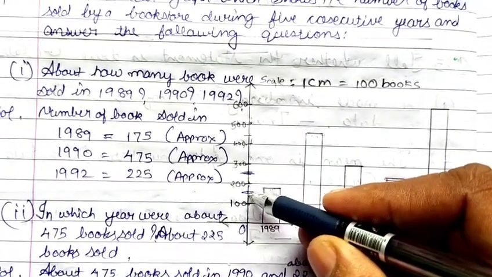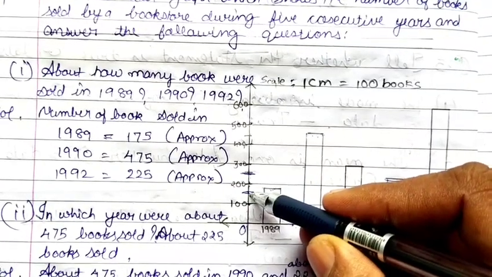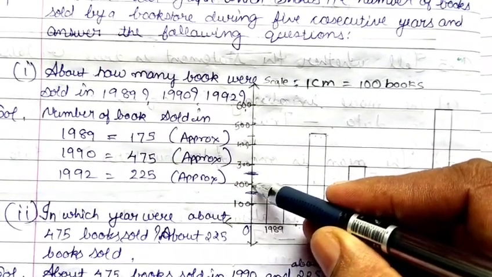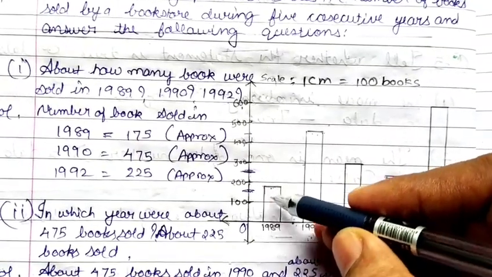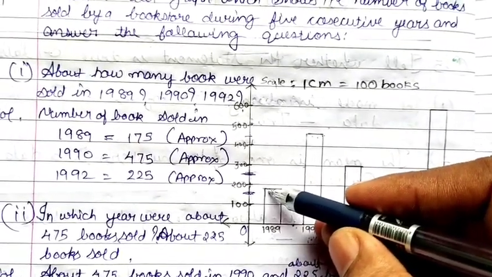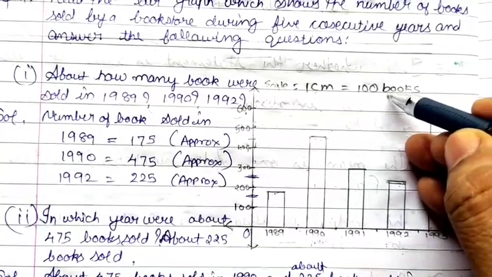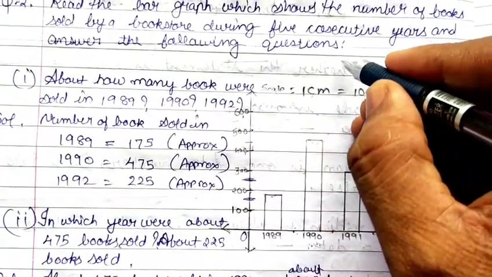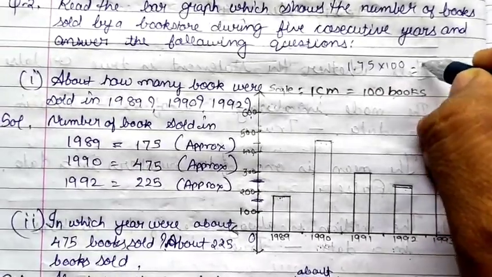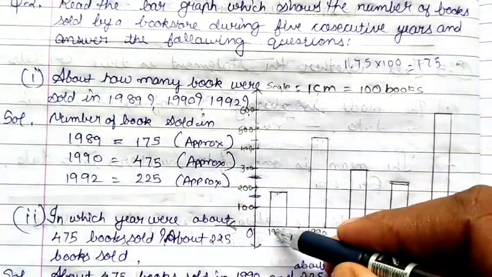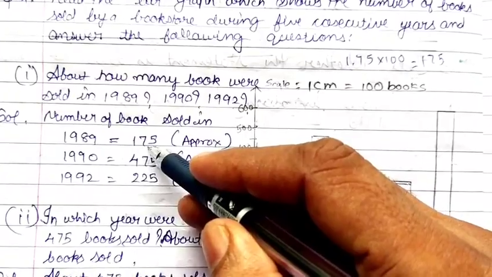The pillar is between 1.5 centimeter and 2 centimeter, means we can consider it as 1.75. So if the pillar is of length 1.75, and 1 centimeter equals 100 books, then when you multiply 1.75 with 100, you will get 175 books sold in 1989. So write down 175 approx.